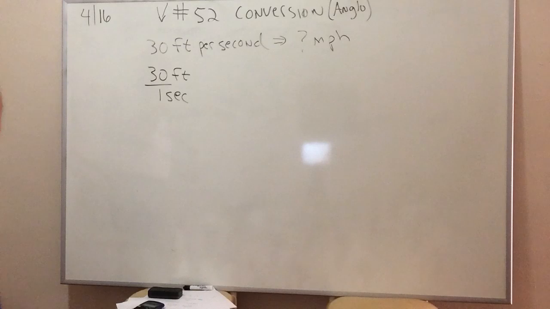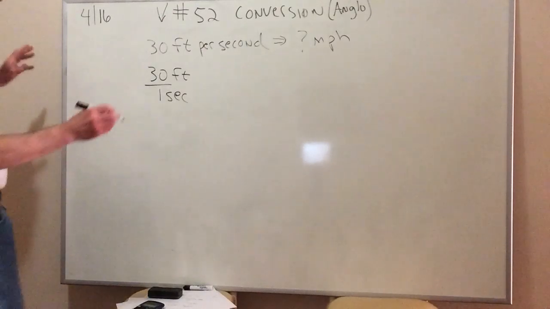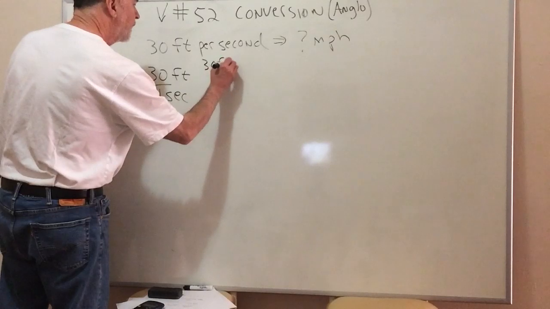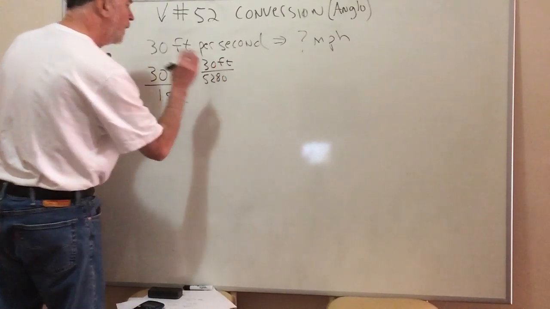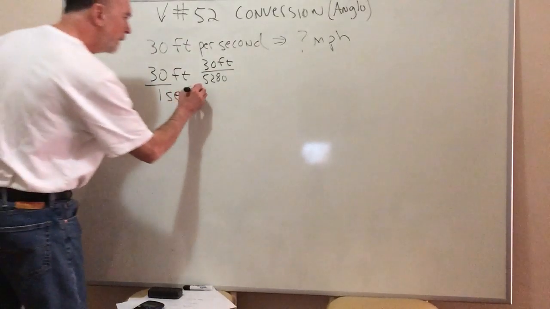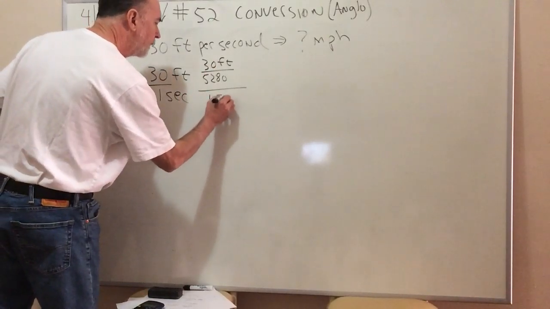And I need to know how fast this is traveling in miles per hour. So I'm going to convert 30 feet into miles per second. Okay, so there we go. There's the small one, 1 second.